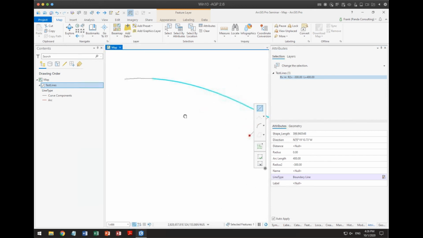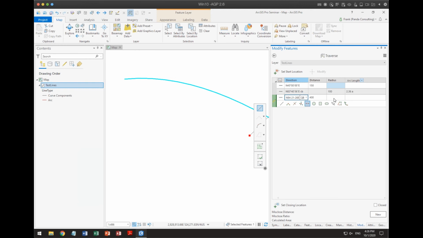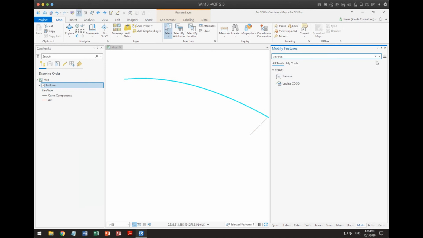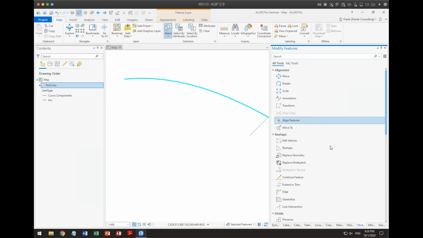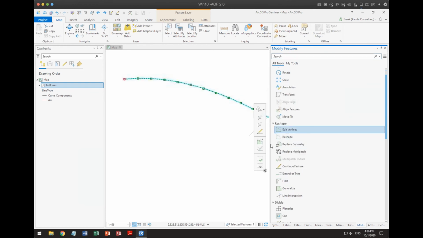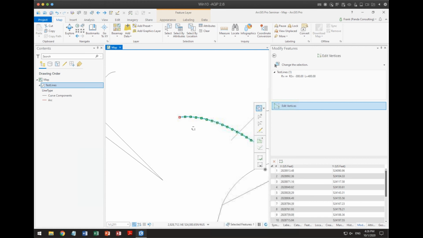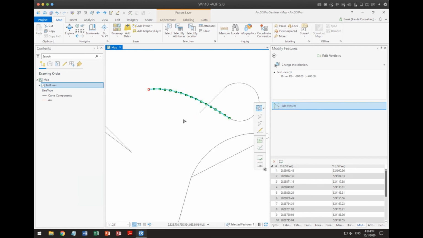So if I go in here and tell it to look at the vertices, I can see that's how it drew it. It drew it as a straight line and then inserted vertices by however I defined the densification of the line.